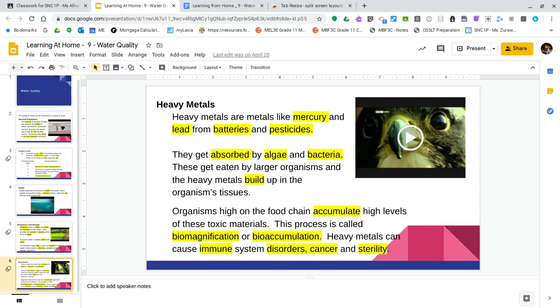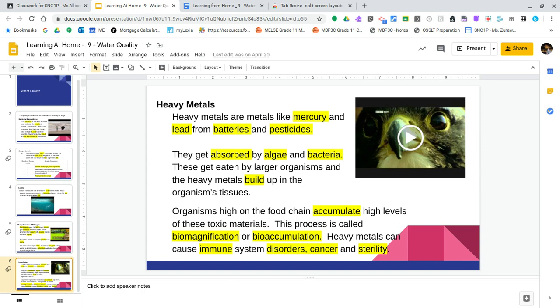Okay, heavy metals. So what are examples of heavy metals? So things like mercury, lead from batteries and pesticides. And what happens? They get absorbed by algae and bacteria, and then they get eaten by larger animals, and the heavy metals build up in the organism's tissue. So organisms high on the food chain accumulate high levels of these toxic materials, and this process is called biomagnification or bioaccumulation.